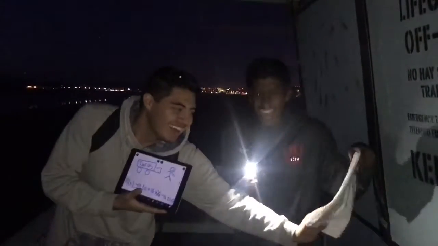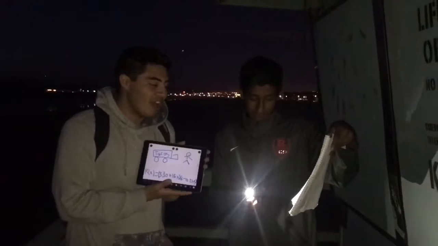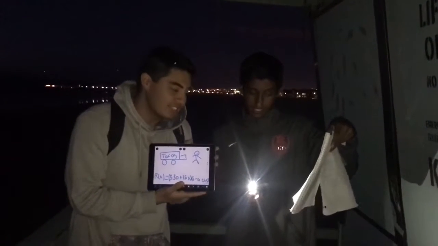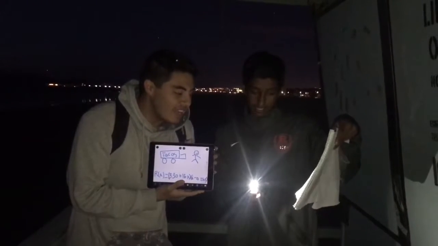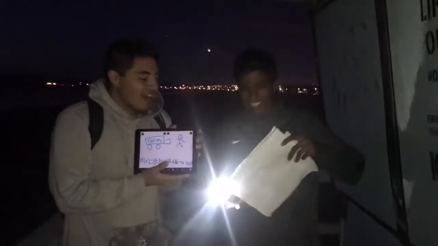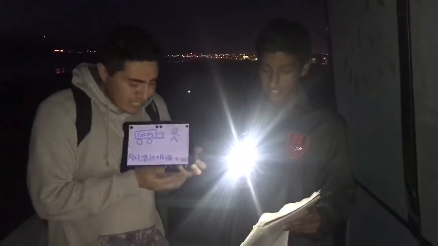Write the quadratic equation. R(x) equals 330 plus 15x times 6 minus 0.25x. Okay, solve the equation.